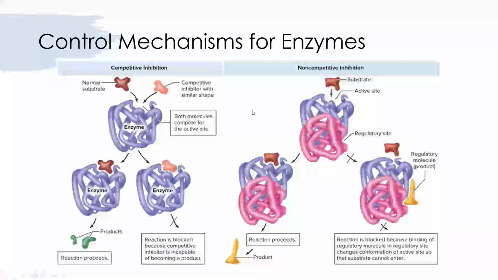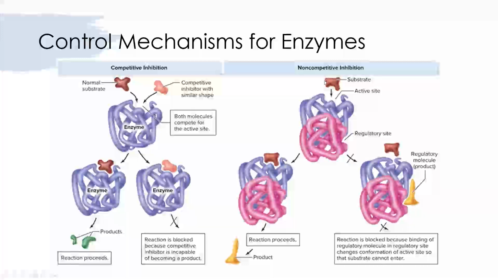Okay, so pictures to go with it. You have two molecules that can both bind at the active site, the red one and the pink one. The red one's the normal one that makes the products, but the pink one can also bind there, doesn't make anything. And if they're both there, it's going to slow down the regular red reaction because the pink ones are taking up valuable space.